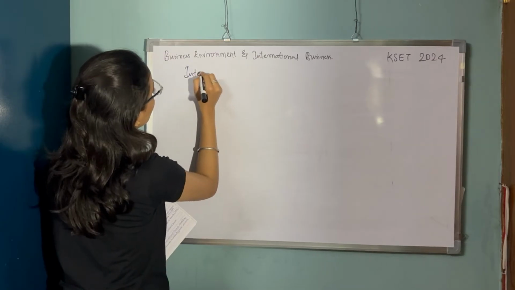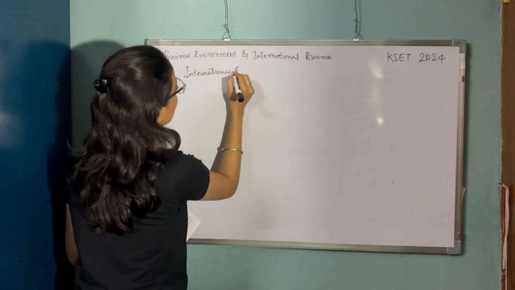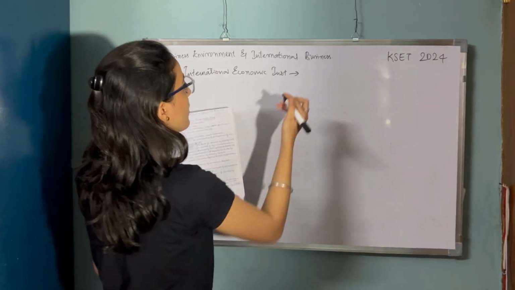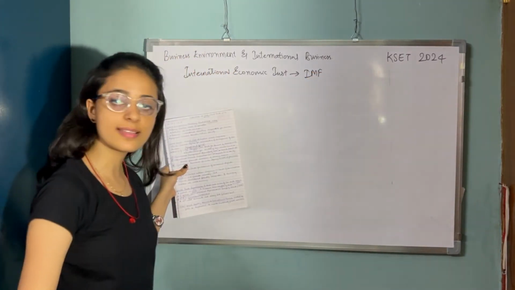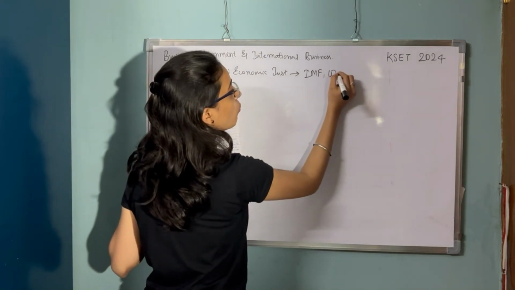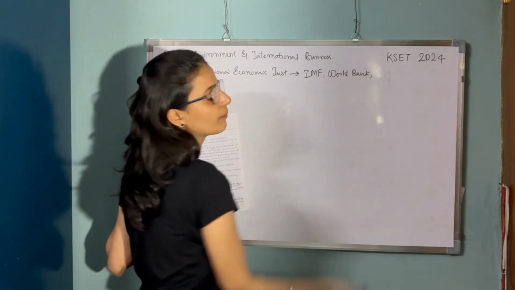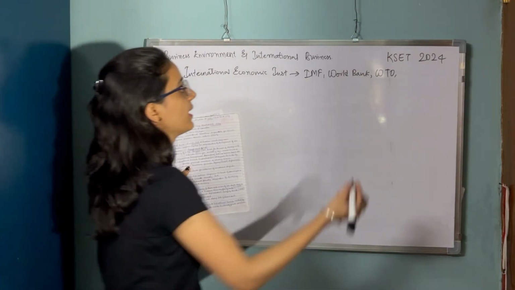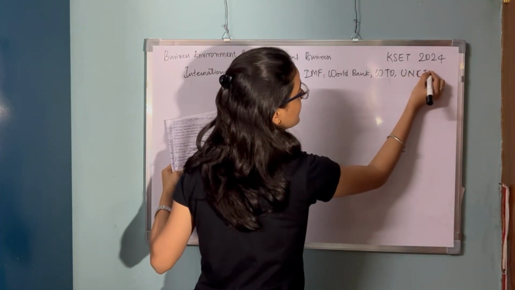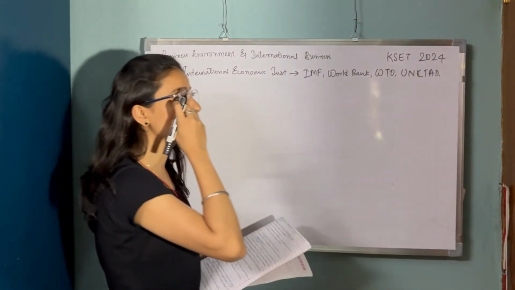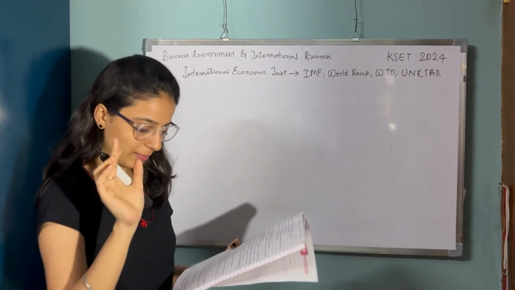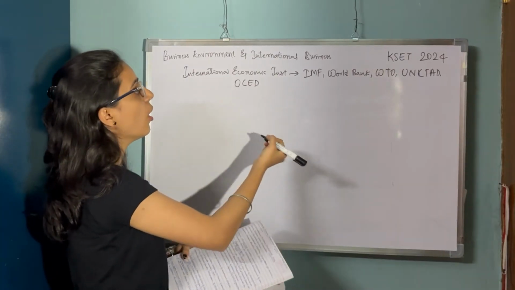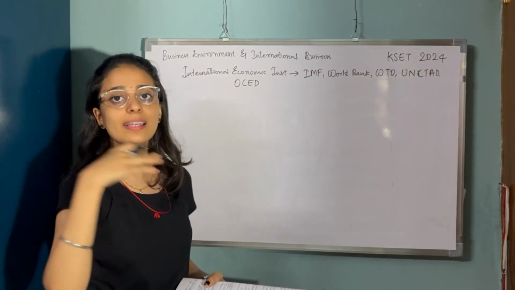Those are IMF, that is International Monetary Fund, World Bank, then WTO, that is World Trade Organization, next UNCTAD, which is United Nations Conference on Trade and Development, next we have OECD, which is Organisation for Economic Co-operation and Development.